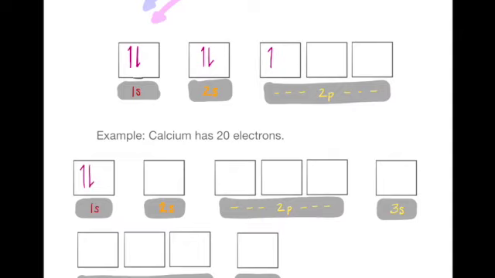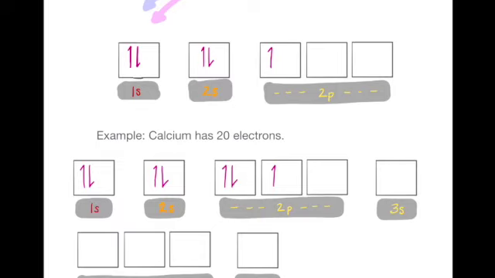So we have 2. Then we move on to the 2s, which can hold 2 as well. Now we move on to 2p. For this one, we have 2. We've got to get to 20.